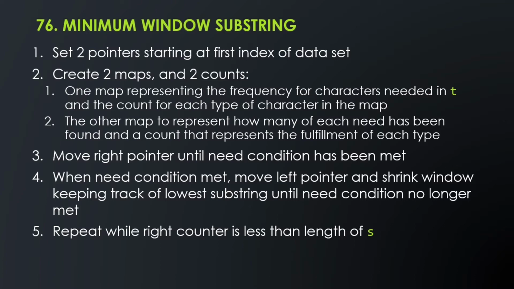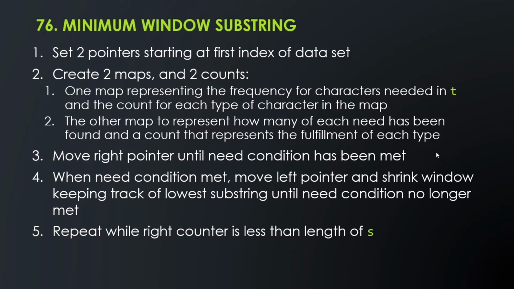So if T is equal to AAB, then we're going to have a map with values A equals 2, B equals 1, and then we're going to have a count of 2 because we just have A and B, 2 types of characters.